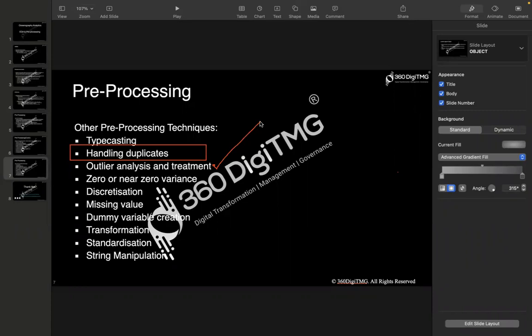Outlier analysis is a process that involves identifying anomalous observations in the data set. So let us first understand what outliers are. Outliers are nothing but extreme values that deviate from other observations in the data set.